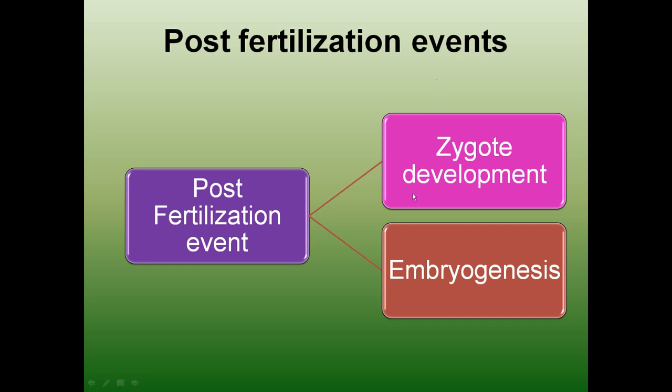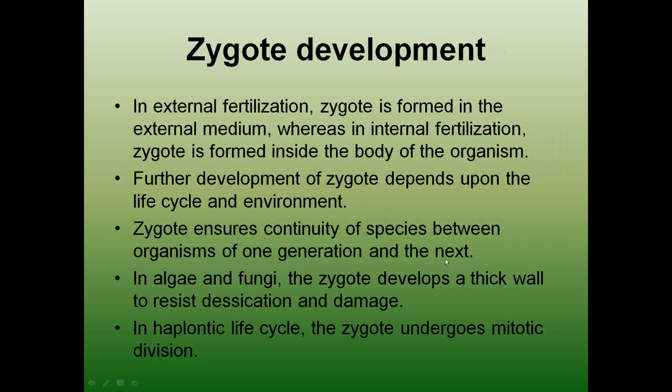There are two events after fertilization, that is zygote development and embryogenesis. Zygote development. In case of external fertilization, the zygote is going to be formed in the outer environment, whereas in case of internal fertilization, the zygote is going to be formed inside the body of the organism.